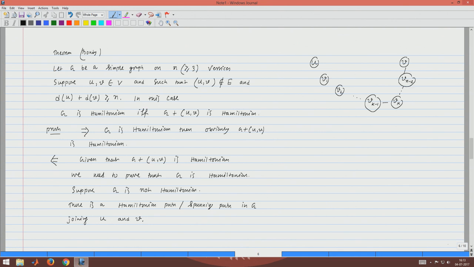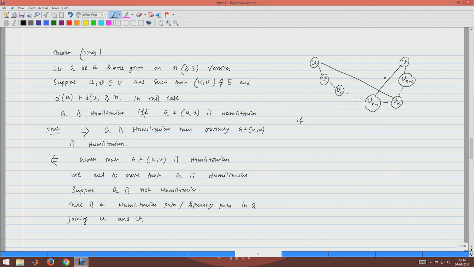So, this is the spanning path joining u and v, and then again we do the same thing. We have seen the proof of this one, that if u is adjacent to vk, then v can't be adjacent to vk minus 1.